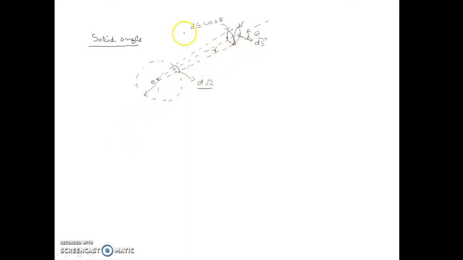So to determine this d omega, we can obtain a projection of this surface dS on a plane which is normal to this radial line drawn from the center O. So this area is dS cos theta. So here theta is the angle made by the normal to this surface dS with the radial line.